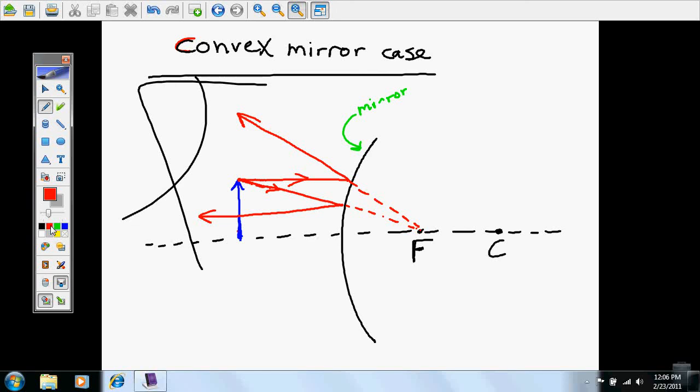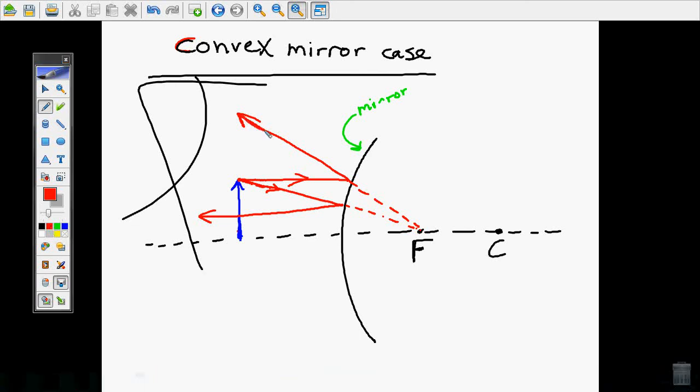Now careful, do you see this light right here? The extension backwards is right along the dotted line from the focal point. But for the other one, you see this is the reflected ray? It's not back along the dotted line. It's back parallel.